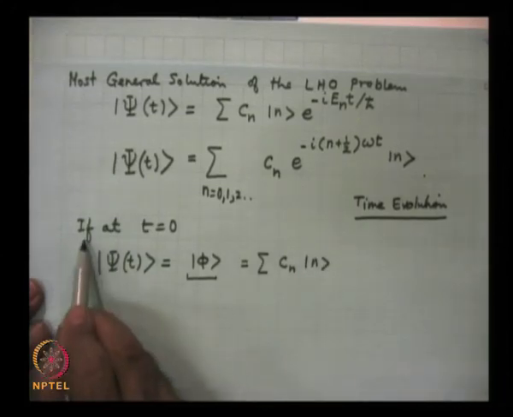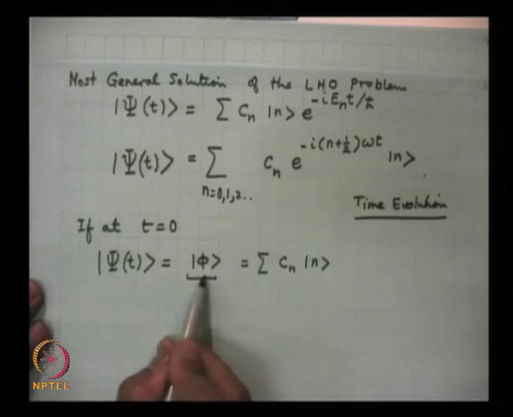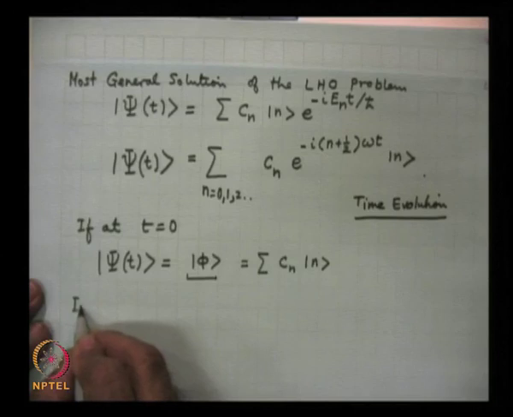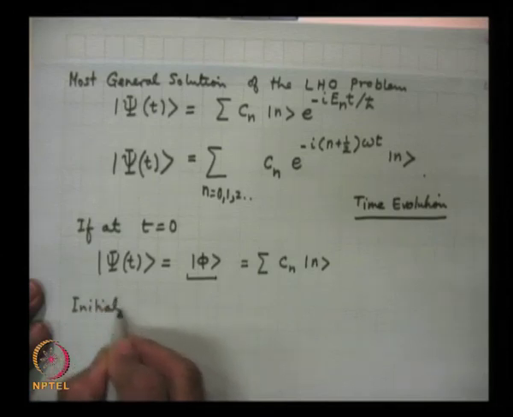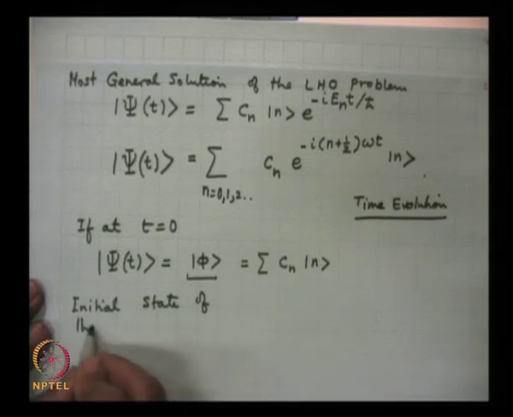So, let at time t equal to 0, psi be equal to phi, that is, this describes the initial state of the linear harmonic oscillator.